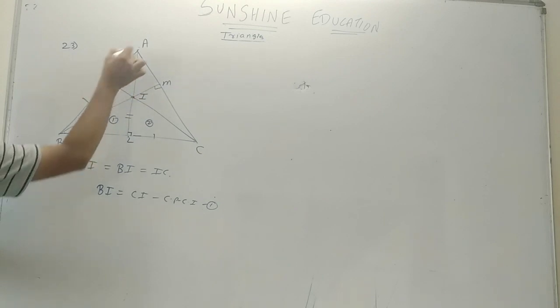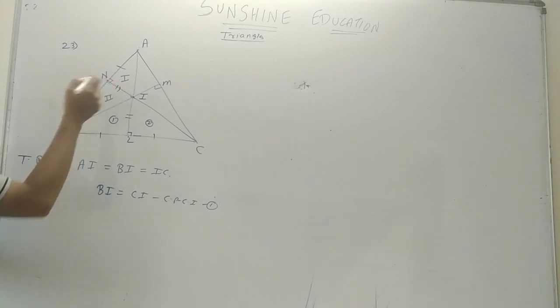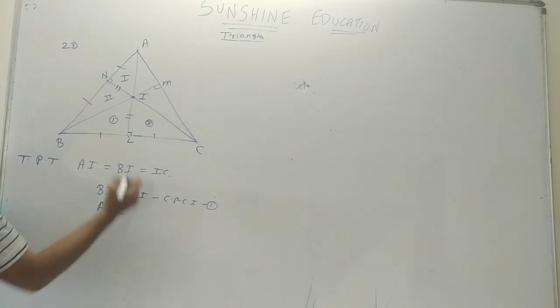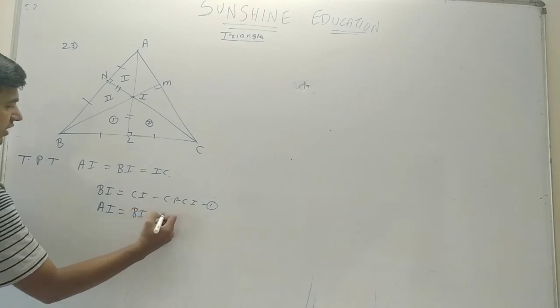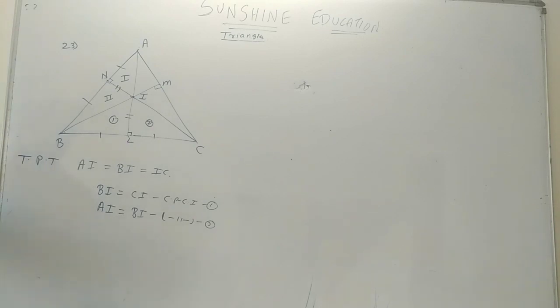Angle INA is equal to INB, each 90 degree, and this is a common side. Both the triangles are congruent by side angle side test again. Therefore, I can say that AI is equal to BI. Again, same reason. Number 2. So from 1 and 2, AI is equal to BI is equal to CI.